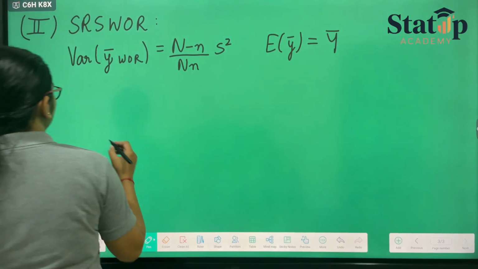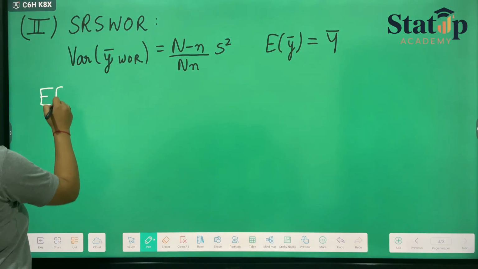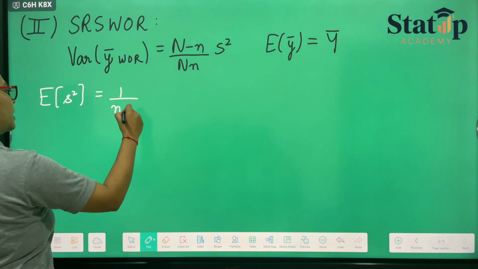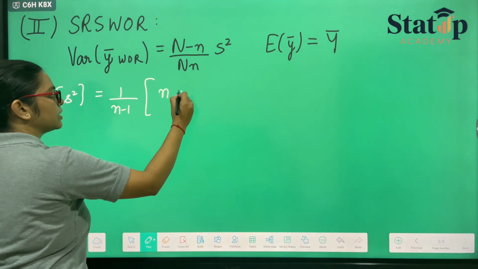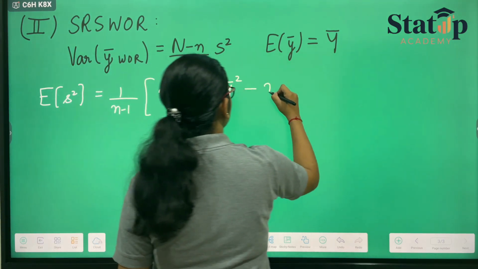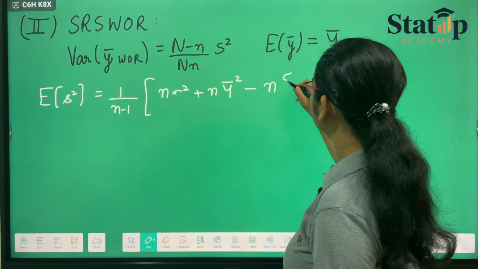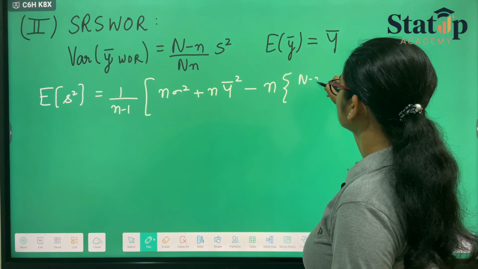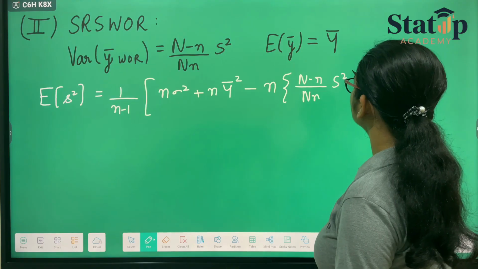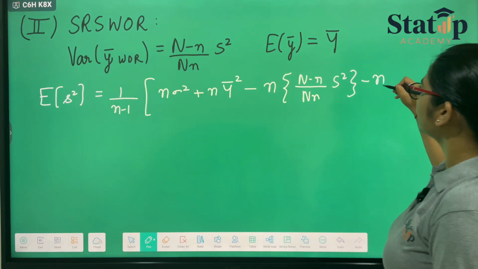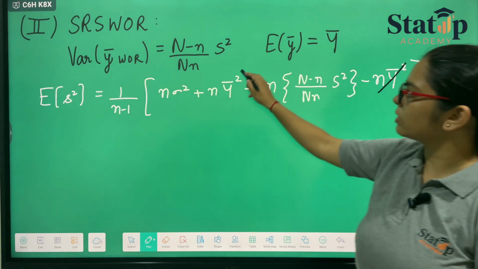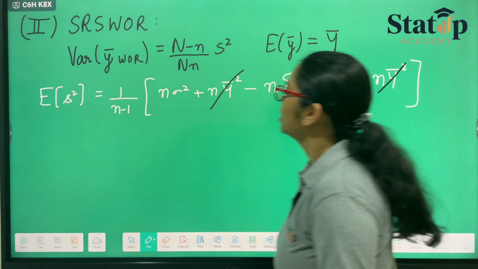So now substituting the same in estimation of small s square, it is nothing but 1 upon n minus 1, n sigma square plus n Y bar square minus n. In the bracket we will write (N minus n) upon capital N small n, S square, minus n Y bar square. So here also plus n Y bar square and minus n Y bar square get cancelled, and we are left with this.